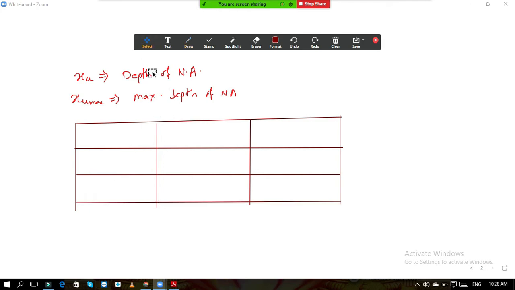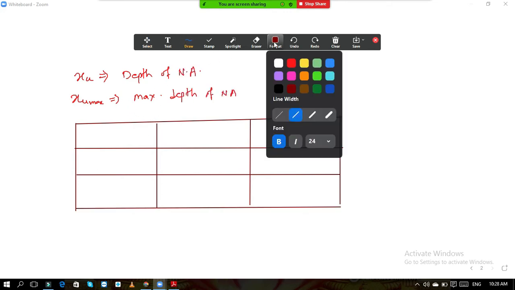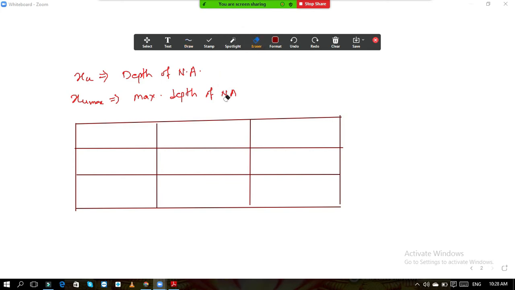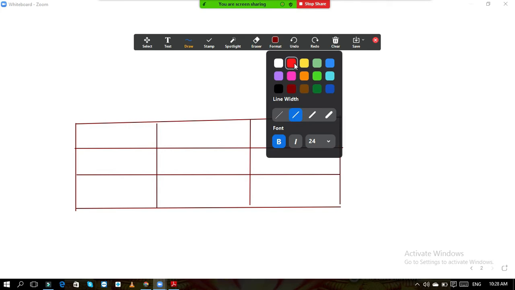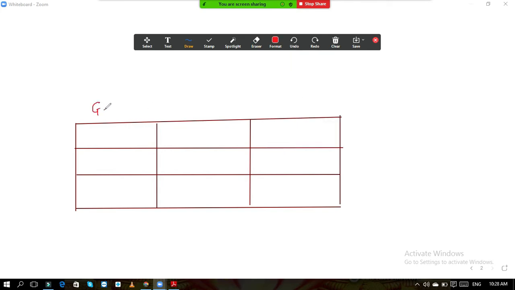Here, first is the grade of steel, so I will write steel grade.